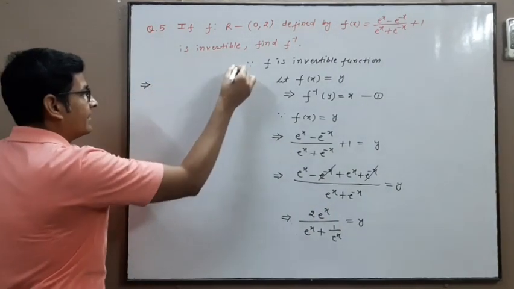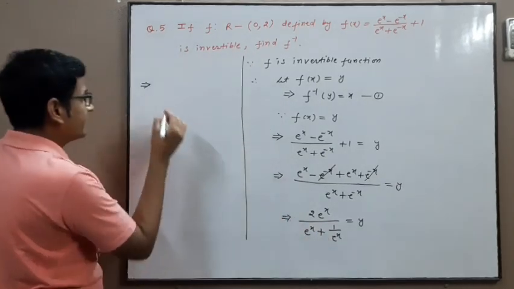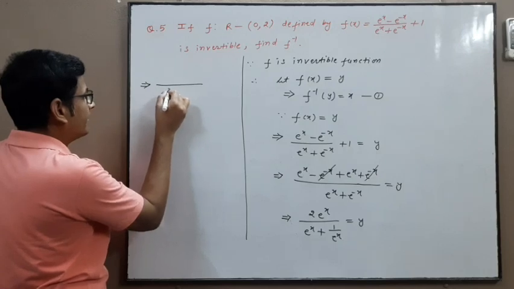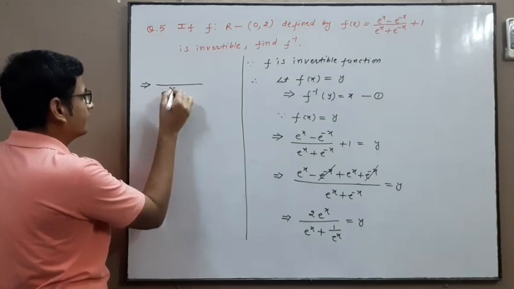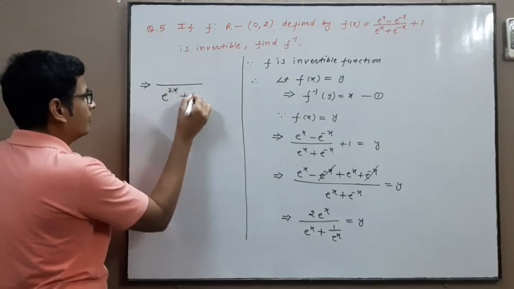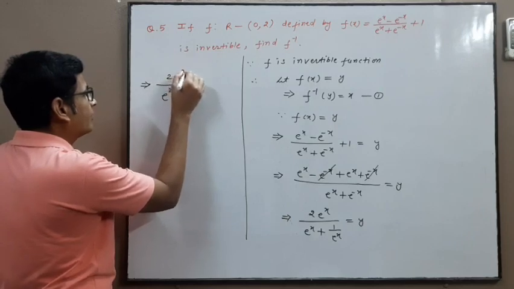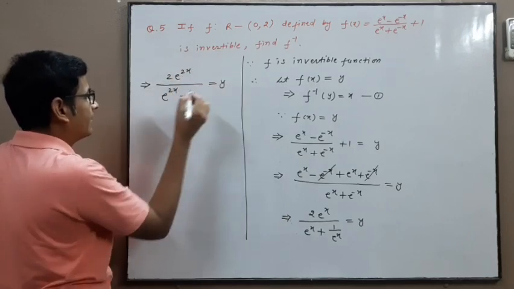Next step, taking LCM, e to the power x into e to the power x, e to the power 2x plus 1, or e to the power x into this, 2 times e to the power 2x is equal to y.